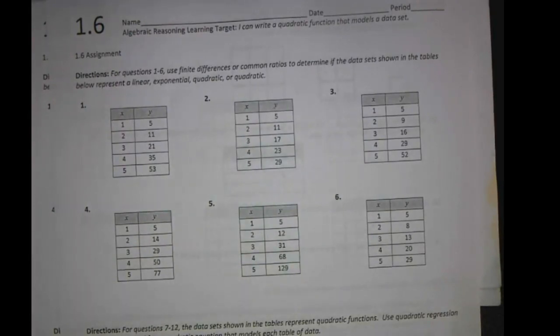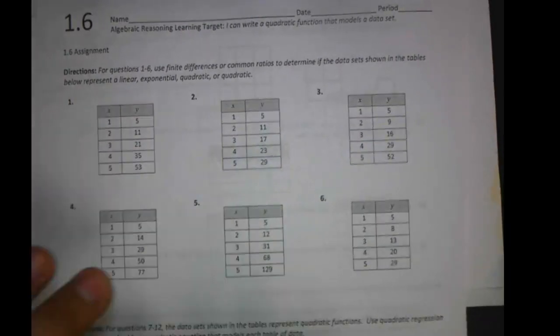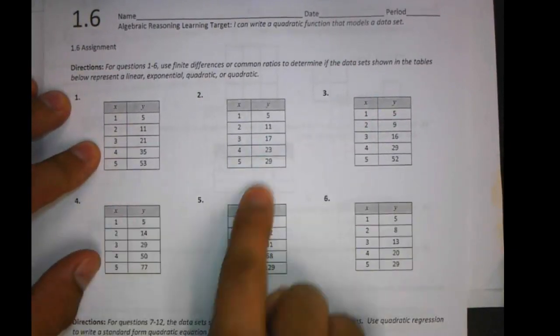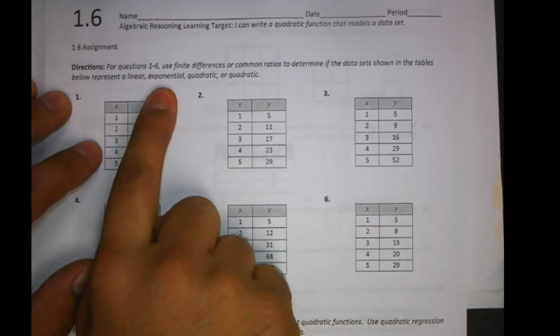On your assignment, 1.6, number 1 through 6. Do y'all remember the notes from yesterday, even a little bit? What was the main thing we added on to the differences? Another difference, right? So check it out. If you read these instructions, you're going to tell me these tables, there's only 3 options. You're telling me, is it linear, exponential, or quadratic?